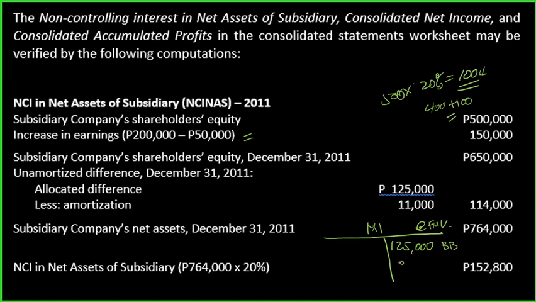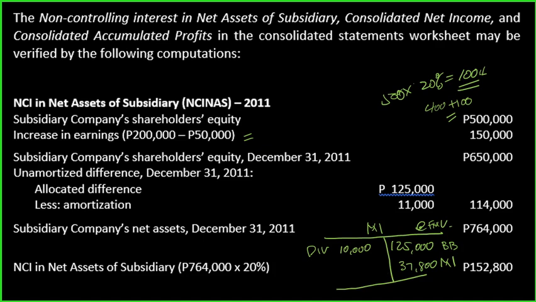And then, na-compute natin 37,800. Okay, minus the dividends. No? Wait lang. What's this? Minority interest net income from our previous slides. What about the dividends? Okay, the subsidiary declared 50,000 times 20%, it's 10,000. Wala na, hindi na kaya ng powers ko to.